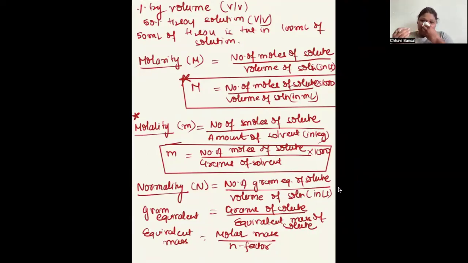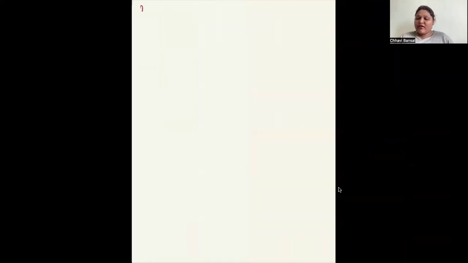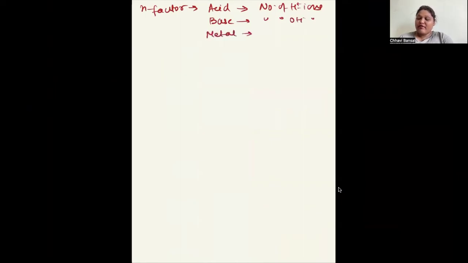For people who are seeing it for the first time, n factor for an acid is number of hydrogen ions it can release. For base, it will be number of OH ions it can release. For a metal, it will be its valency or charge.